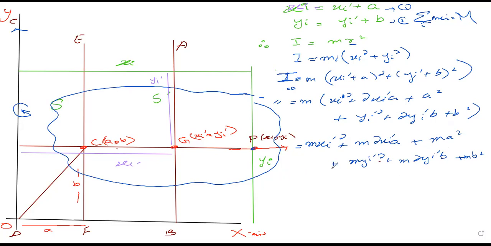Now, there are some things common. We can take common, let's take m in common from these two first. So it would be m into (xi dash square plus yi dash square) plus, and the other two things are these, m into (a square plus b square). Now, what about the remaining two terms? These two terms are remaining.